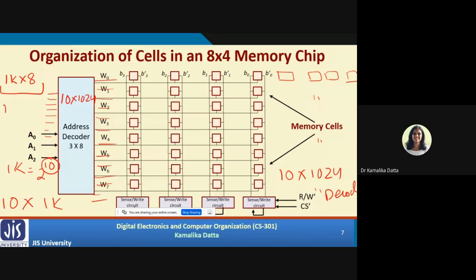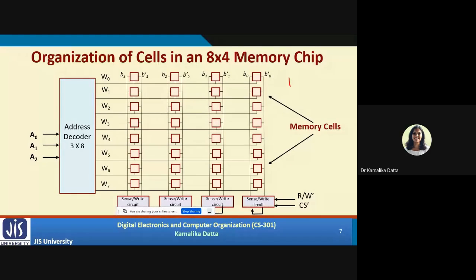Now tell me, for a 128K cross 16 memory, how much size decoder do you need? 128K is 2 to the power 7, and K is 2 to the power 10.